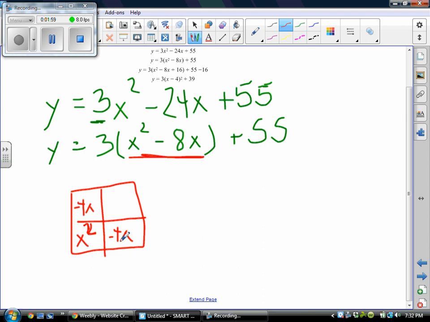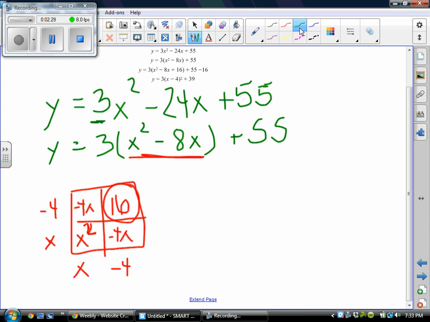Okay? So what we found then is the outsides of our square. We're trying to make it a square, which means the sides need to both be exactly the same. So now our sides are x minus 4 times x minus 4. Inside the box, in this top corner, if I multiply negative 4 times negative 4, I get a positive 16.